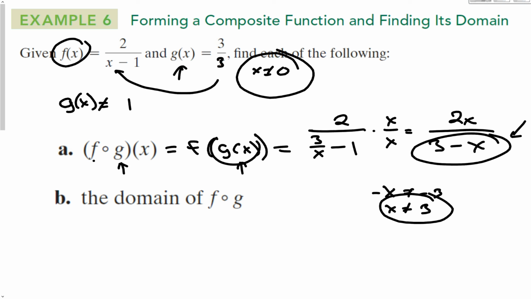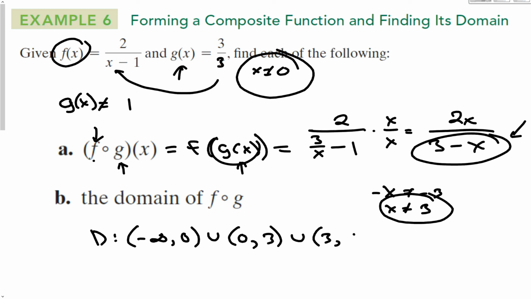Not f of x, not my outside function. So my domain here is all real numbers except for 0 and 3. So the way I say that is from negative infinity to 0, union 0 to 3, union 3 to infinity.